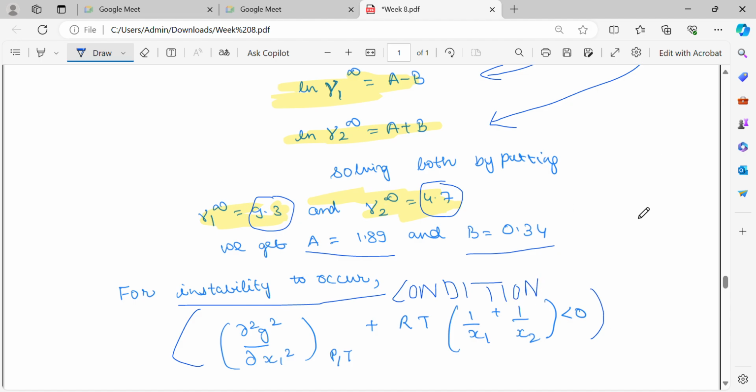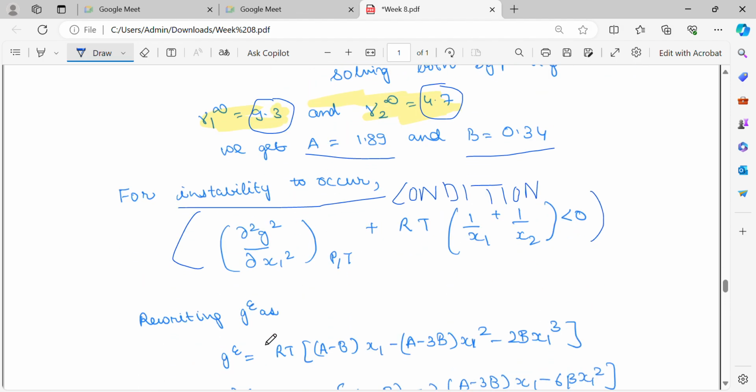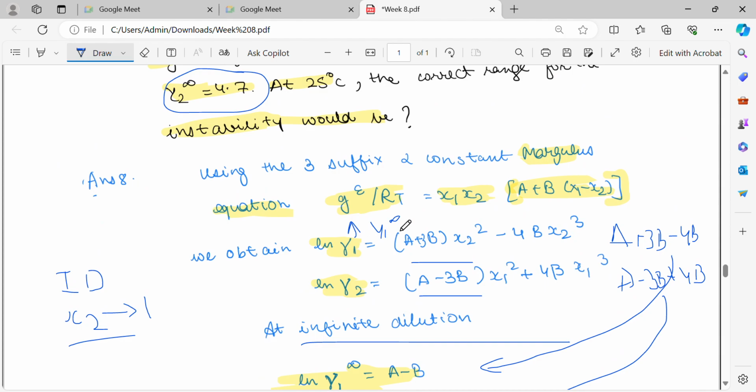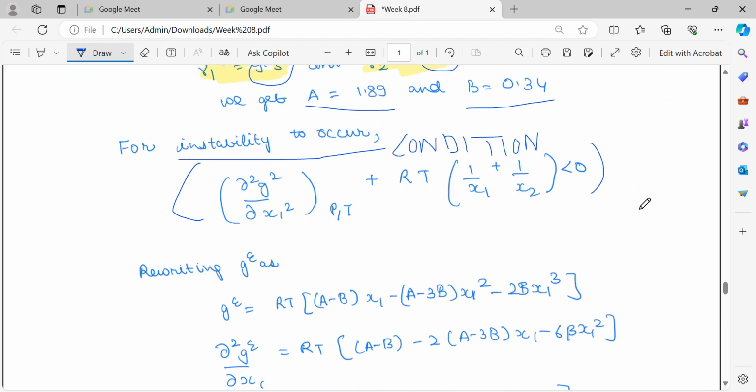This is the condition for the instability to happen. Rewriting G^E, we already had G^E as x1 x2 times a plus b x1 minus x2.